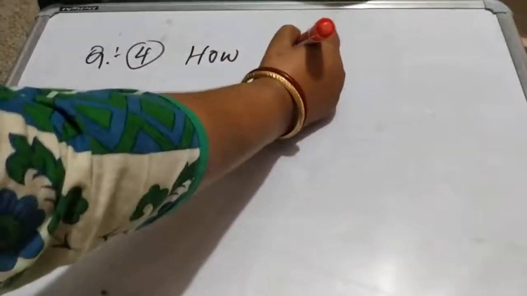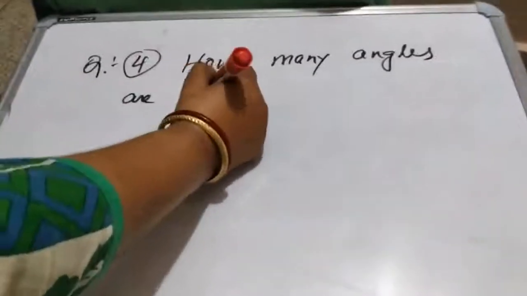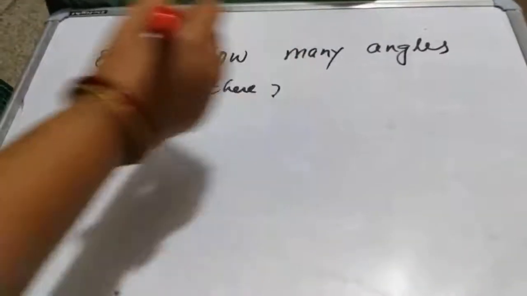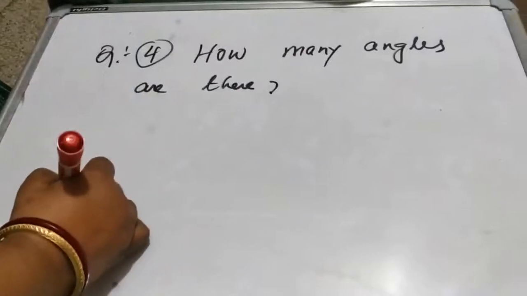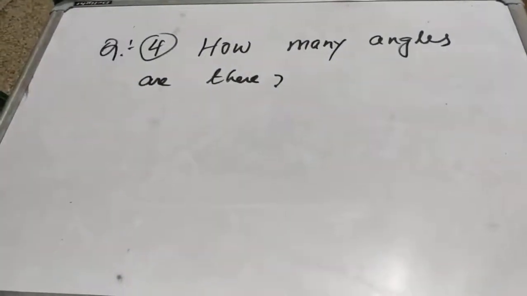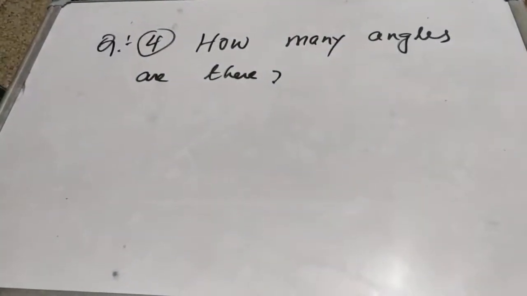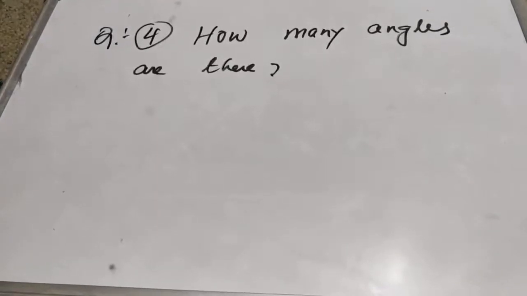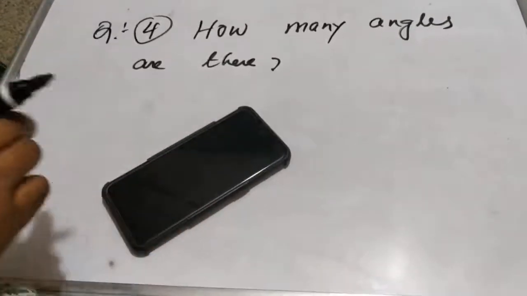Now come to question number 4. In question number 4, how many angles are there? Some pictures are given. For example, this is a picture.